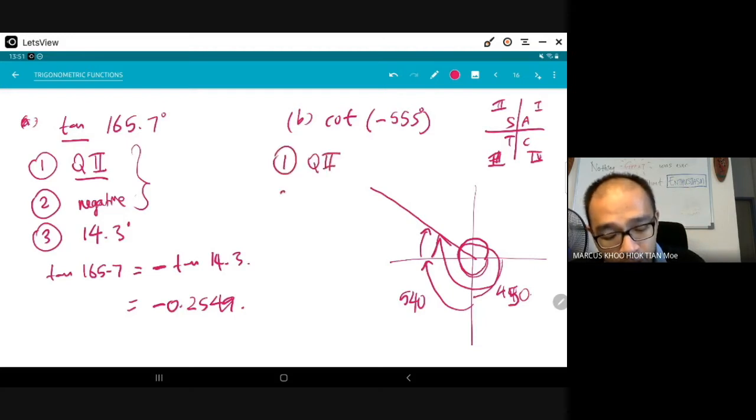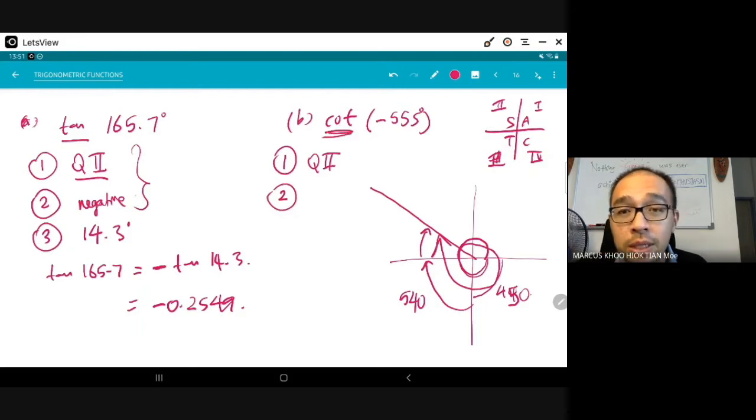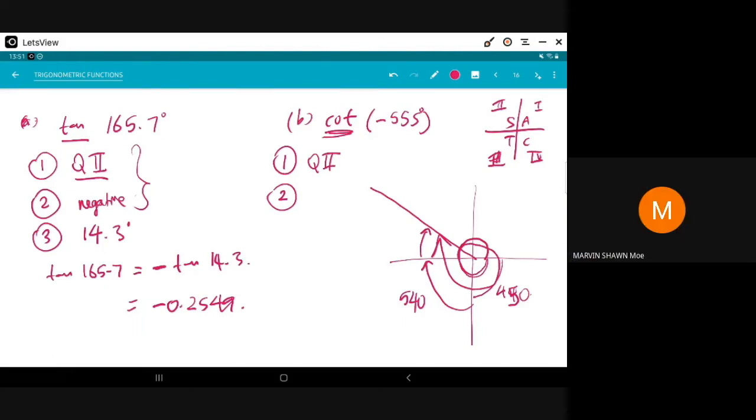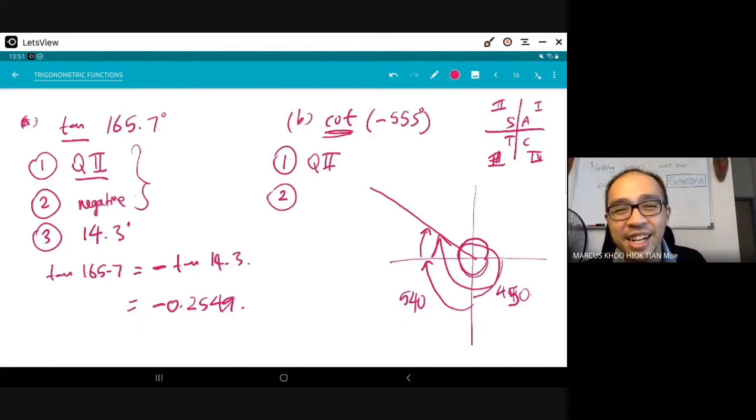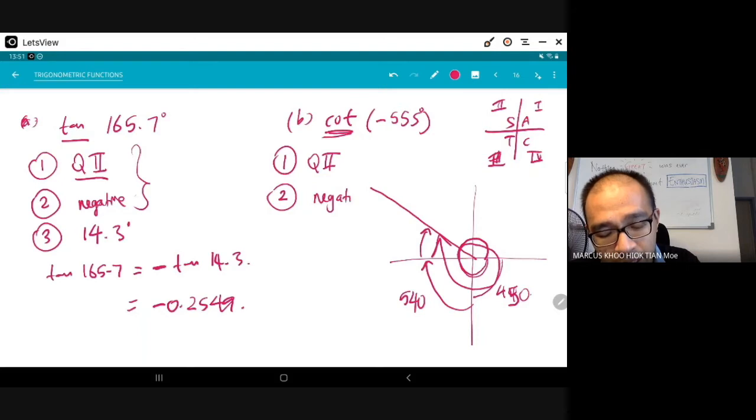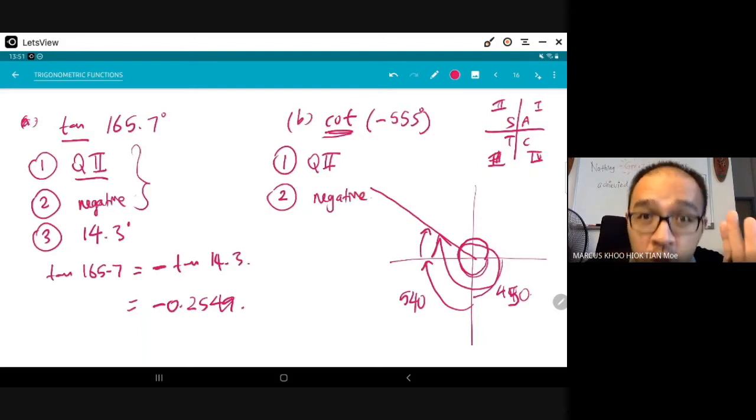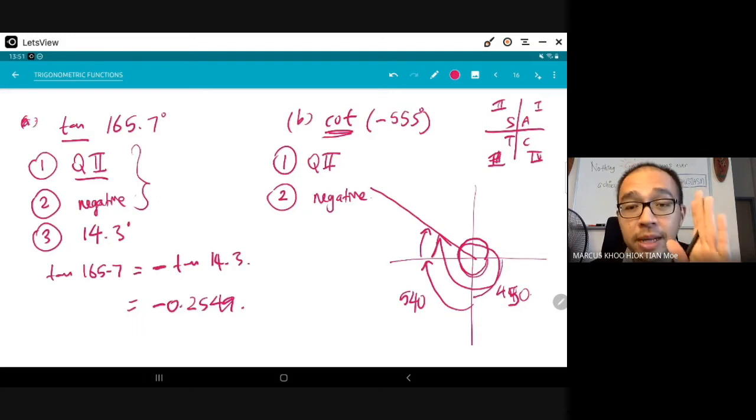Second quadrant, but this is cotangent. What is the friend of cotangent? Cotangent is actually the reciprocal of tangent. Tangent in the second quadrant, positive or negative? Negative. Tangent in the second quadrant is a negative value. Yes, I know we're using cotangent, but tangent and cotangent are friends, they are the reciprocal of each other.